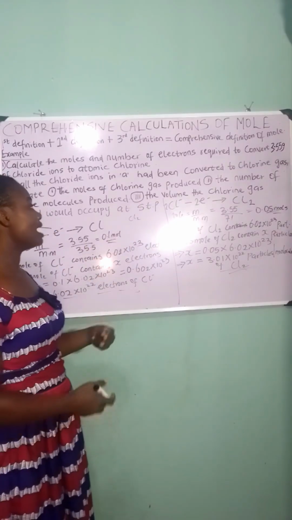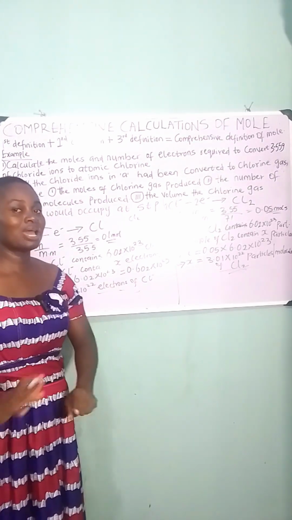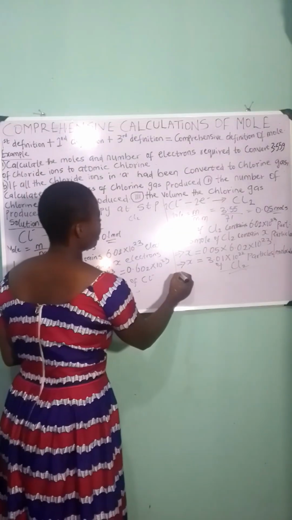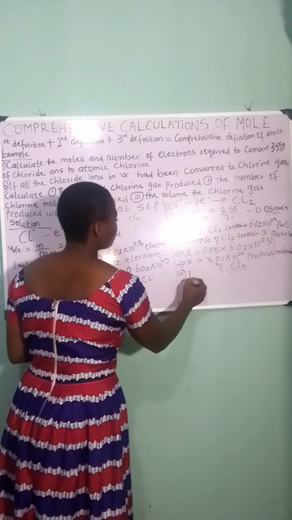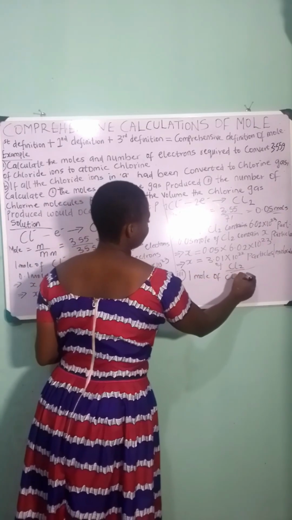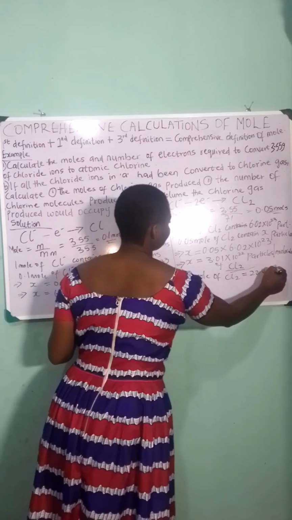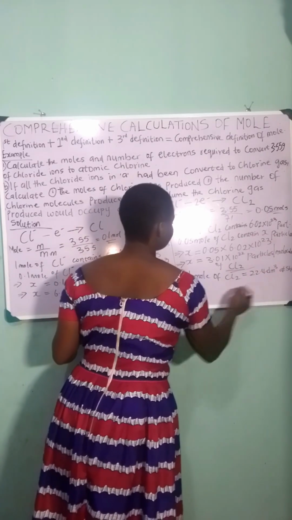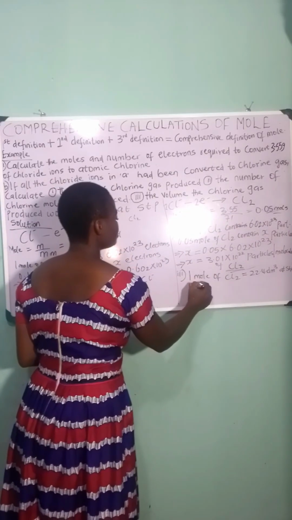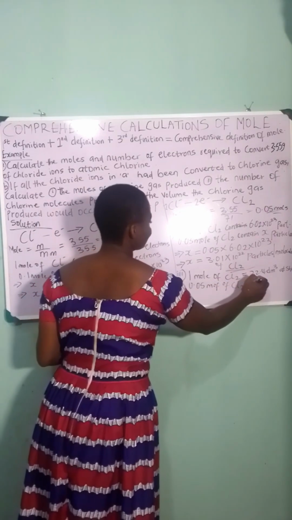Now the next one has to do with the volume, which is 22.4 dm cubed. We're talking about the molar volume. You still solve it by establishing the stoichiometry relationship, okay? So we say 1 mole of chlorine gas equals 22.4 dm cubed at STP, okay? Now, what is the number of moles? 0.05 mole. 0.05 mole of chlorine gas will occupy a volume of what at STP?